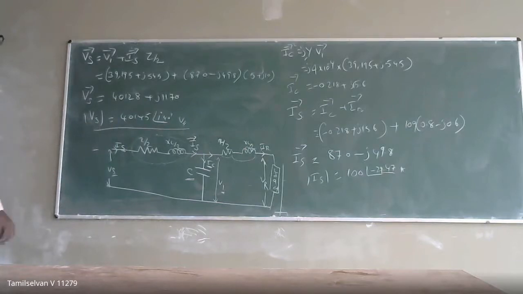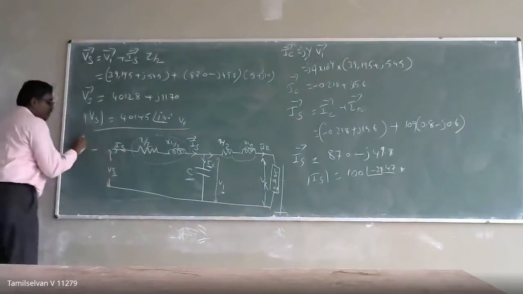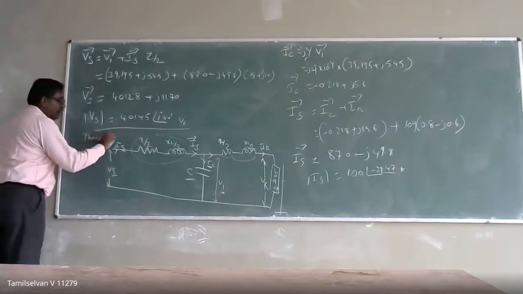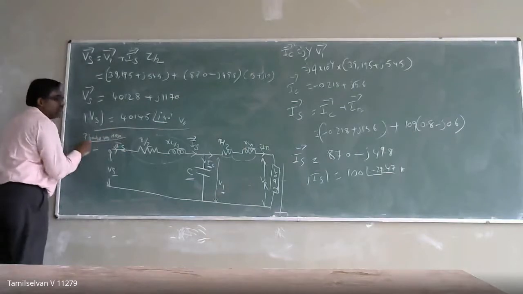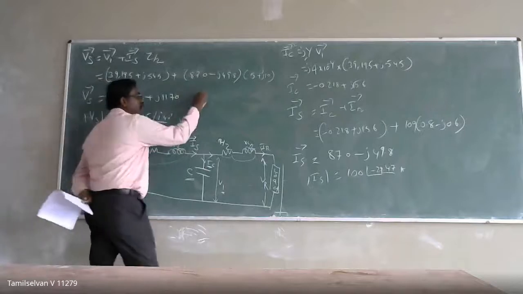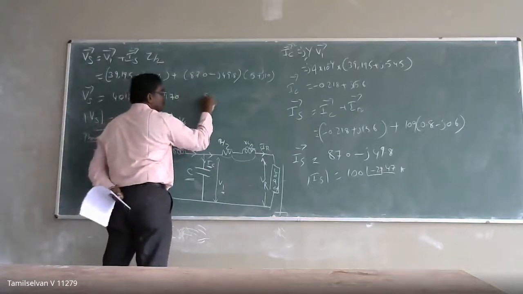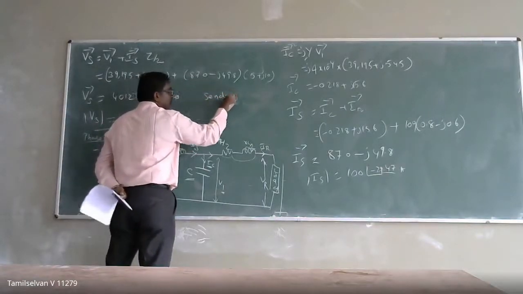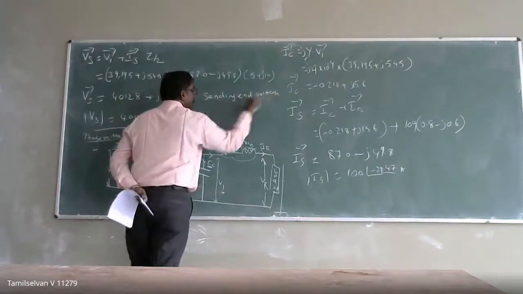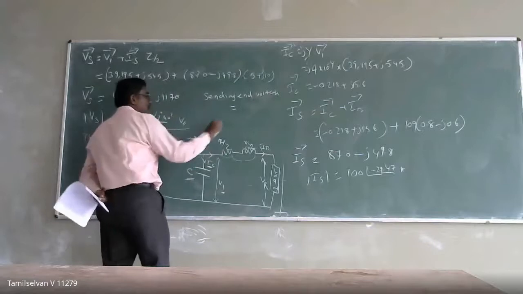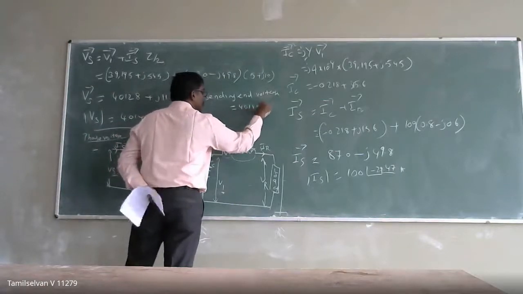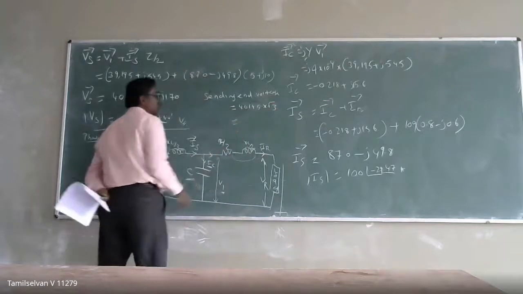But this voltage is the phase voltage. When I want to compare, I have to convert it into a line voltage. The sending end voltage is equal to 40,145 into root 3. If you multiply, you will get the answer.